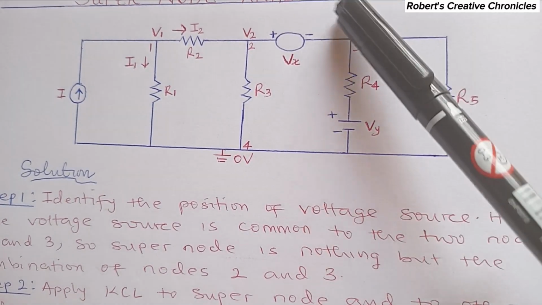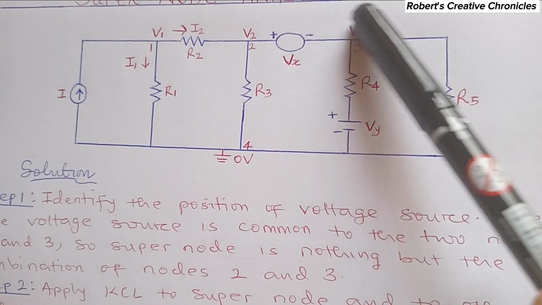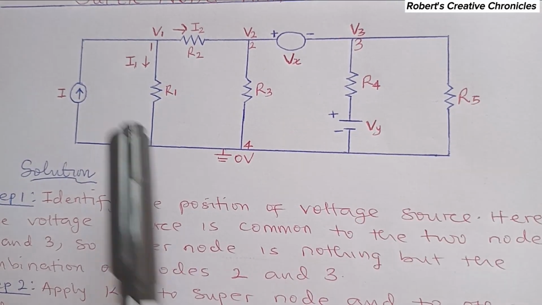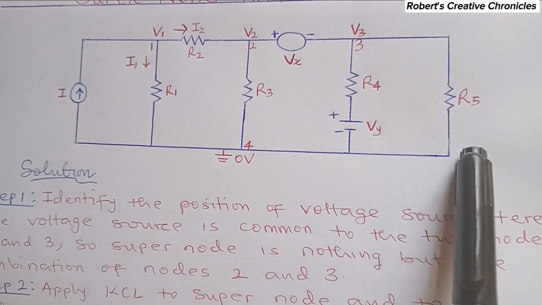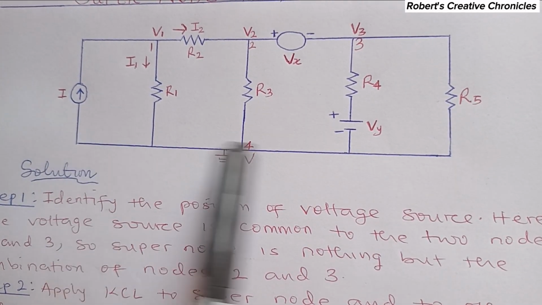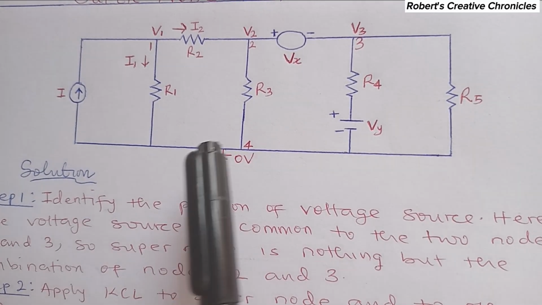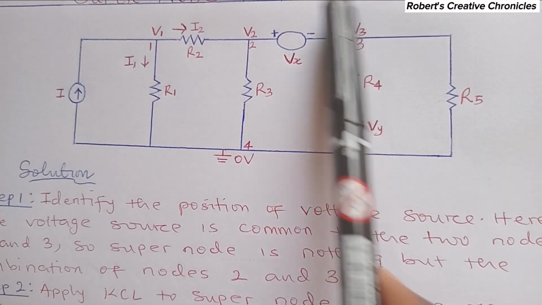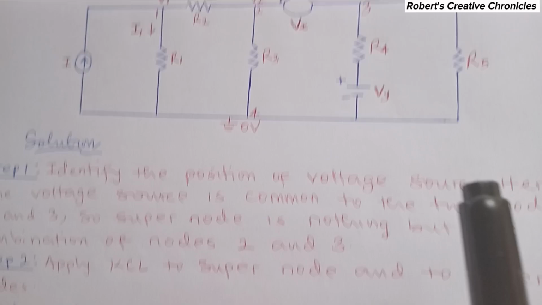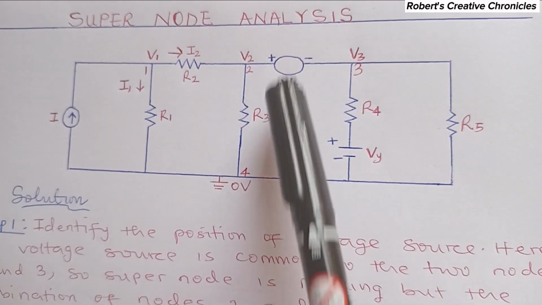In the same way, we say V3 minus Vy, then V3 minus 0. The voltage at the bottom, the reference potential, is 0 volts.